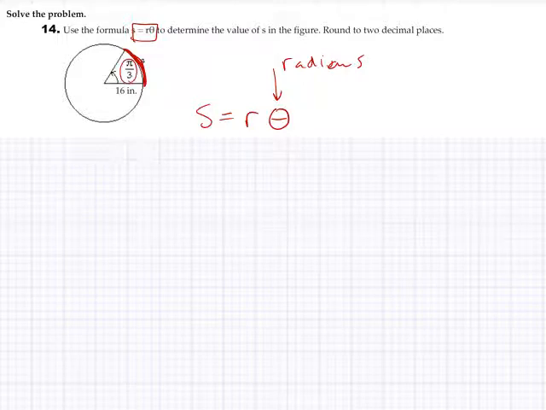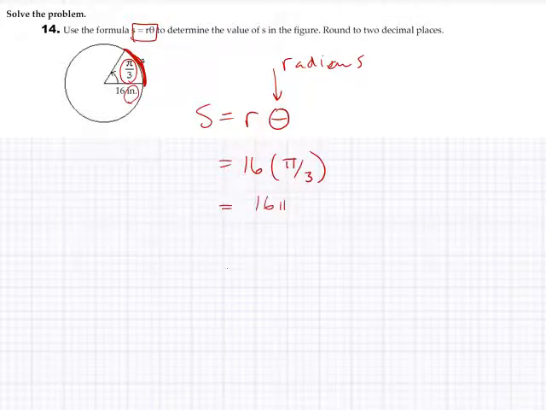Well, this is in radian measure. So we would use the radius, which is 16, times the radian measure, which is pi over 3. Okay, and the distance would be measured in inches because the radius is in inches. So we would get 16 pi over 3 inches.